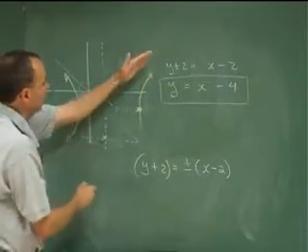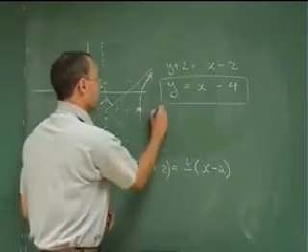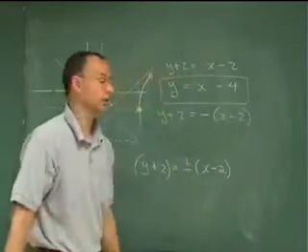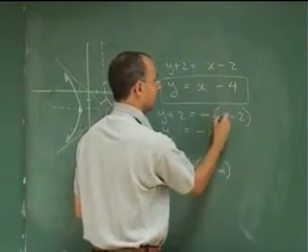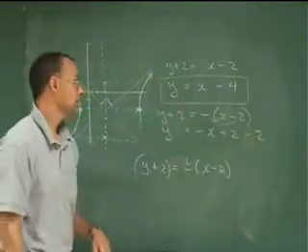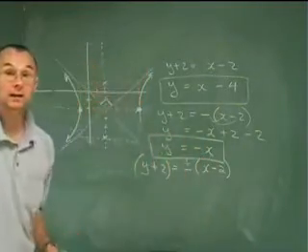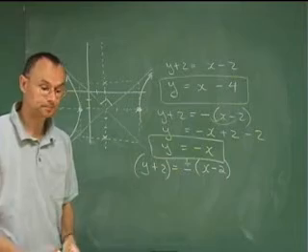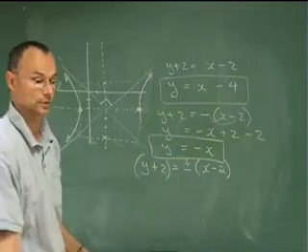This has a slope of +1 here, and it looks like it's crossing at -4. Now the other one would be y plus 2 equals -x minus 2. Let's clean that up a bit. We'll subtract 2 over, so we're going to have -x, and then a double negative, so that's +2. Then we're subtracting 2 over, so we would expect the other asymptote to simply be y equals -x. Well, look at that. There it is, y equals -x. So that's kind of a neat little way to find the actual equations of the asymptotes.